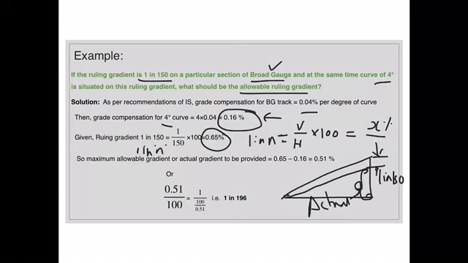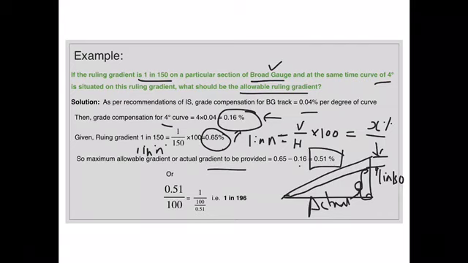Now this 0.65 percentage needs to be reduced by an amount of 0.16 percentage. That's the grade compensation. So the actual gradient that has to be provided will be equal to the total gradient 0.65 minus the grade compensation 0.16. So actually we have to provide a gradient of 0.51 percentage.